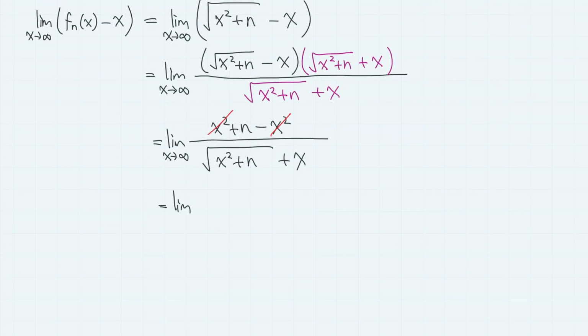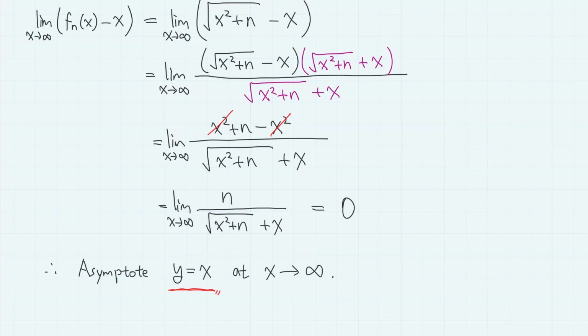So we have the limit of n divided by square root of x squared plus n plus x as x approaches infinity, which equals 0. So we have verified the first asymptote.